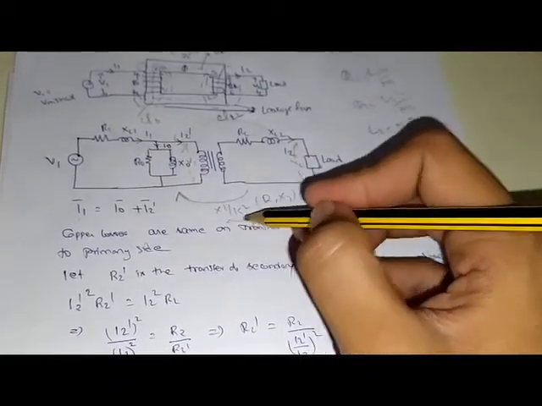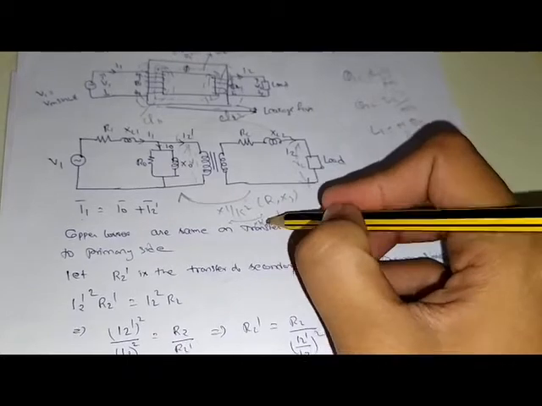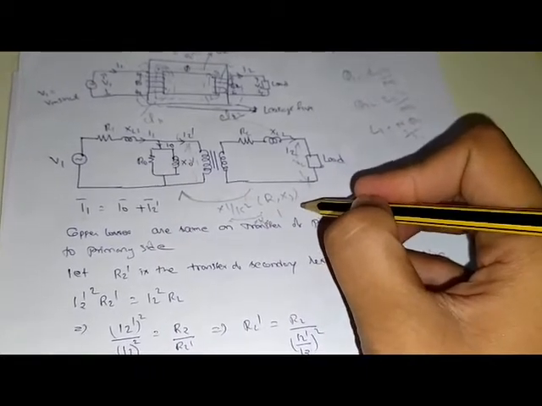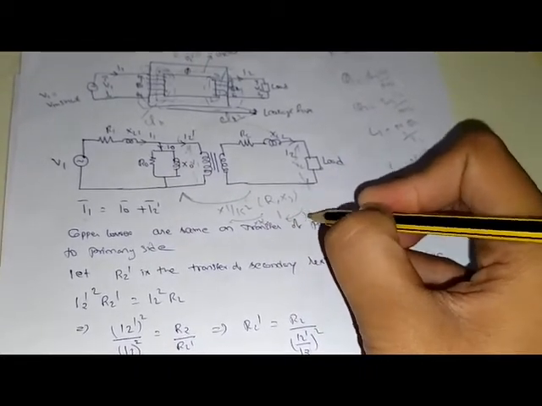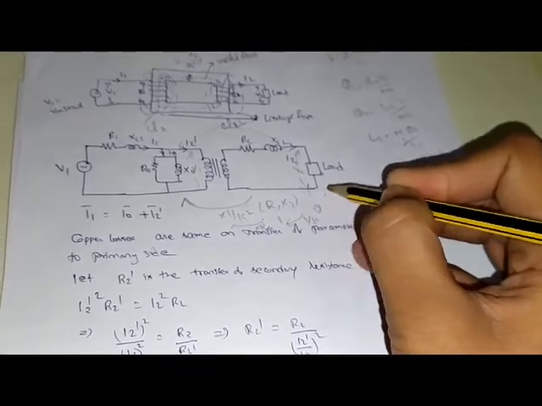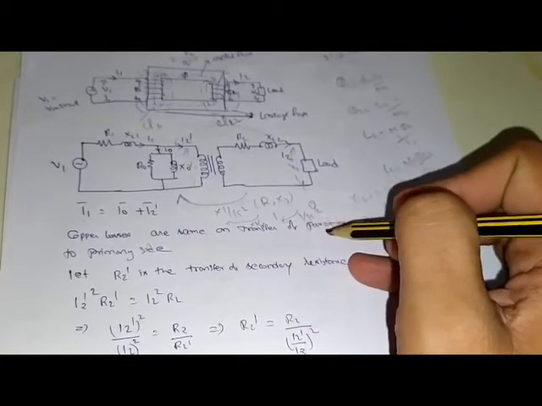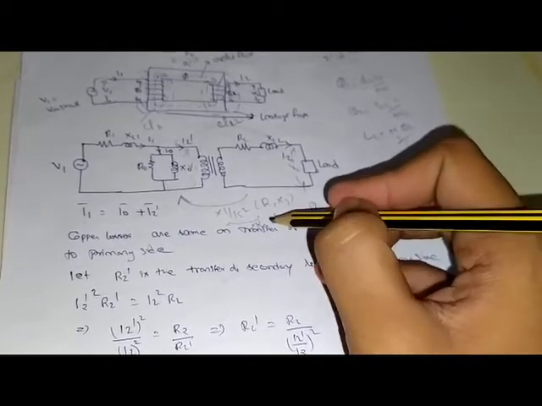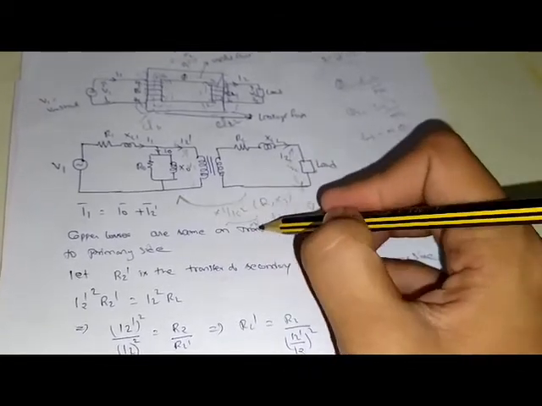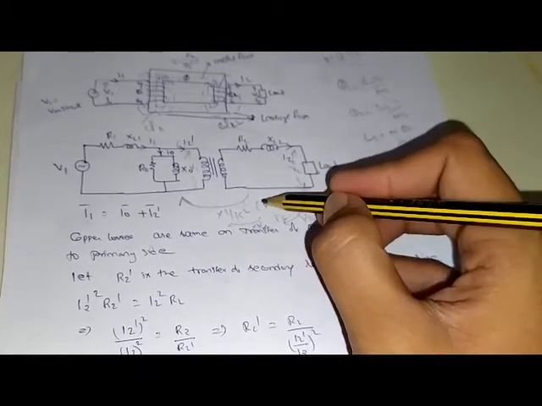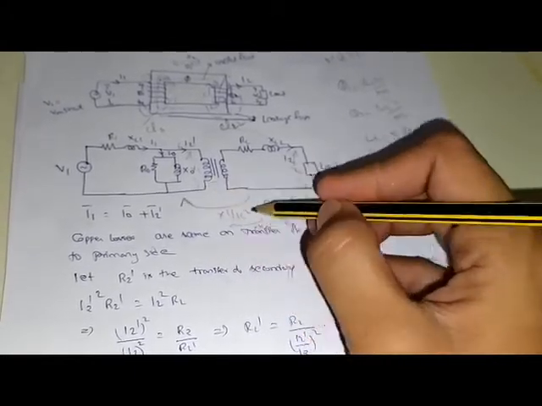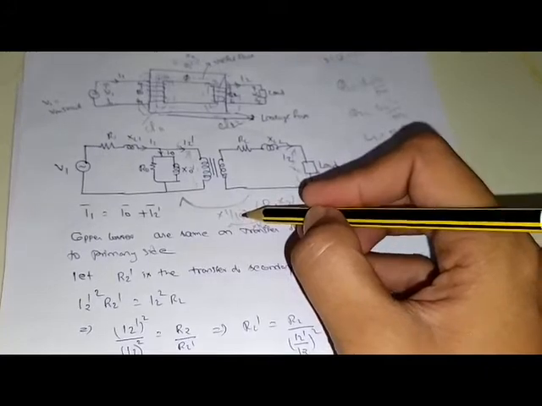If I transfer voltage V2 to this side, it should be divided with K. If I transfer current I2 to this side, it should be multiplied with K.